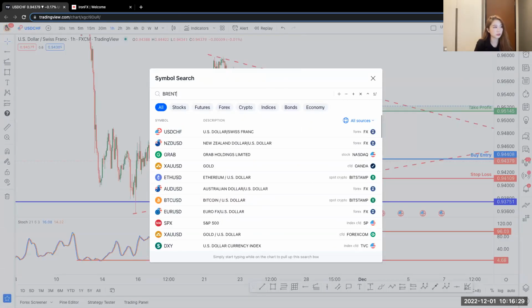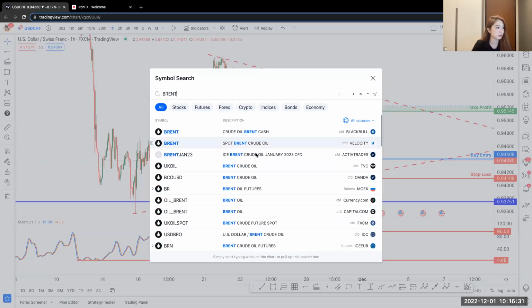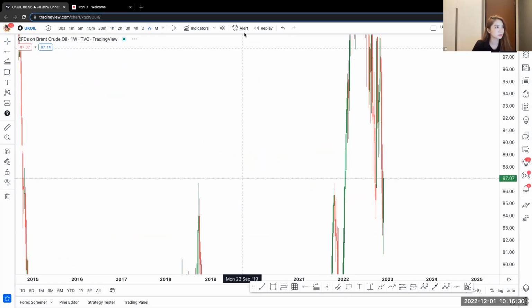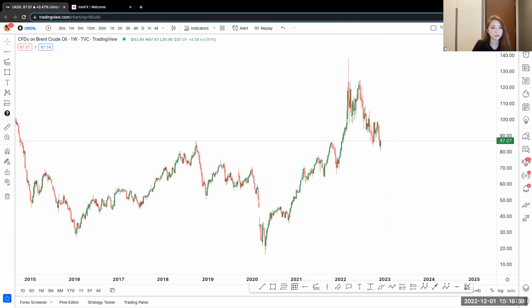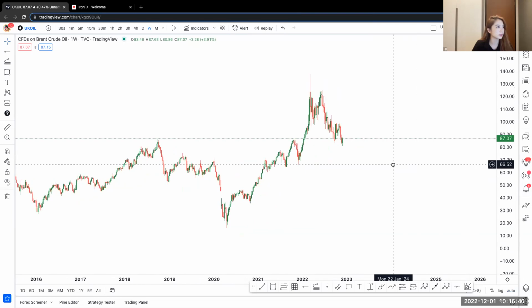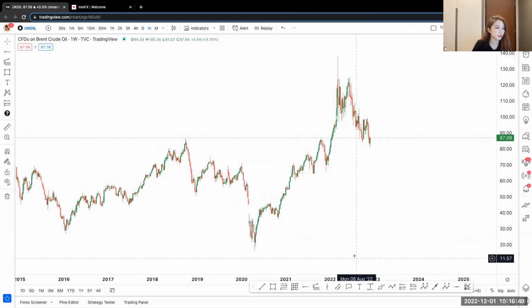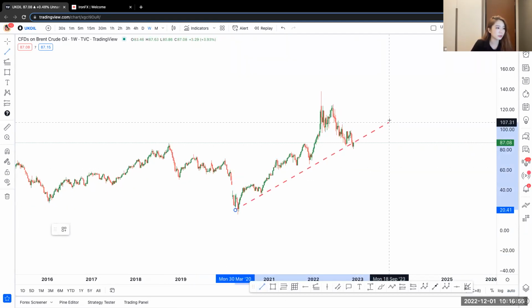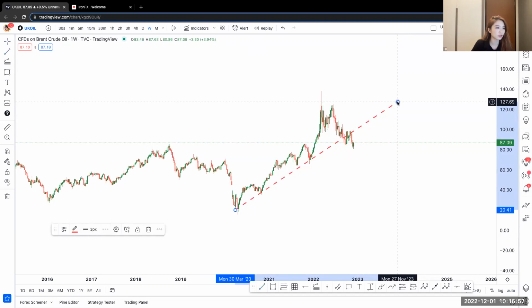Let's look at Brent. Okay, so let's look at weekly for UK oil, which is our Brent. We're still on an upward moving scale beforehand, before it dropped through.